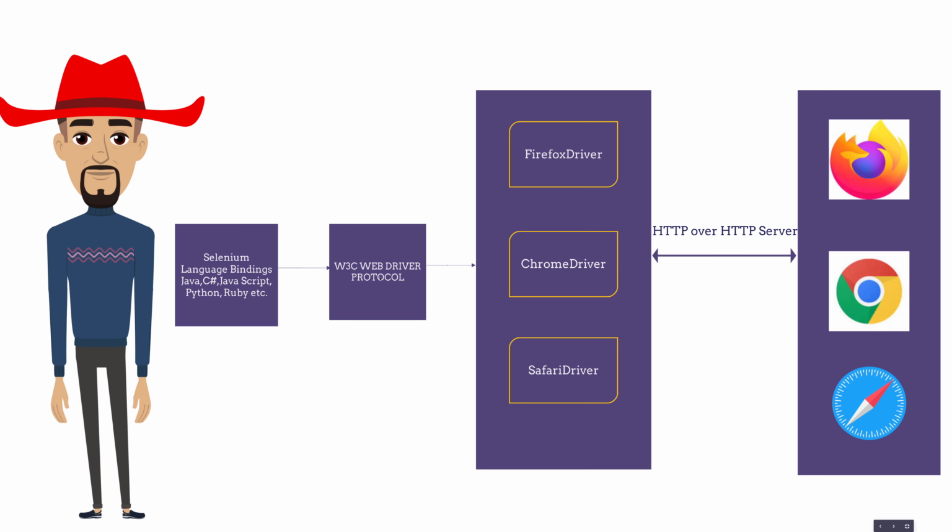First, it creates one Selenium server, and it creates one HTTP request on that particular server with some JSON data. Then it passes that to your actual browser specific implementation.